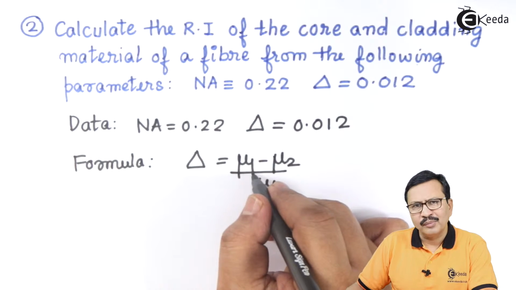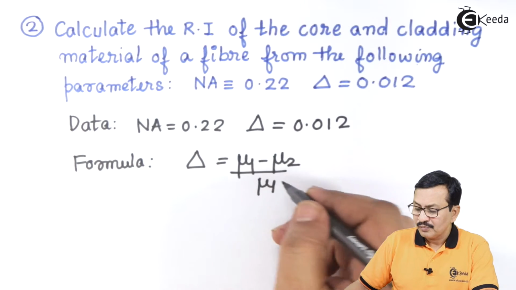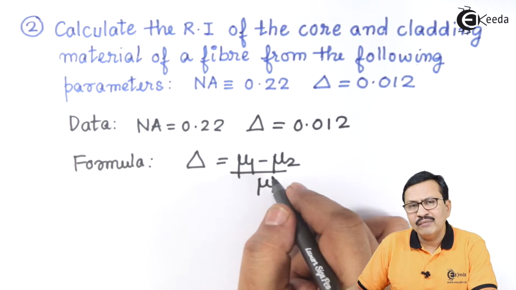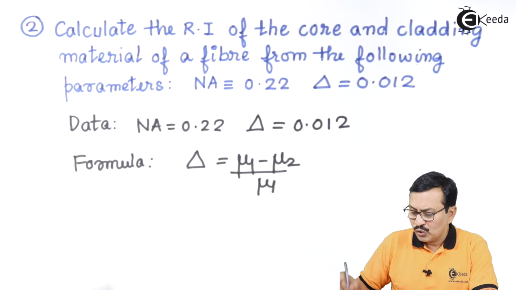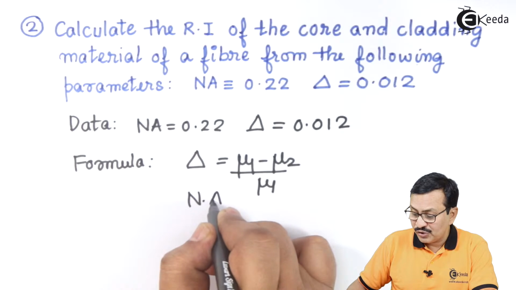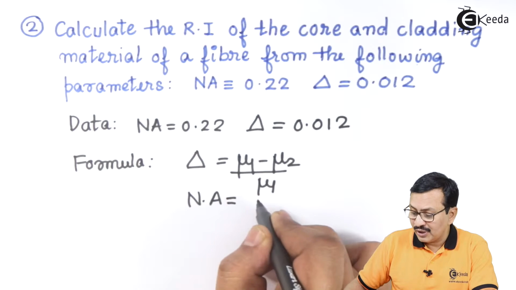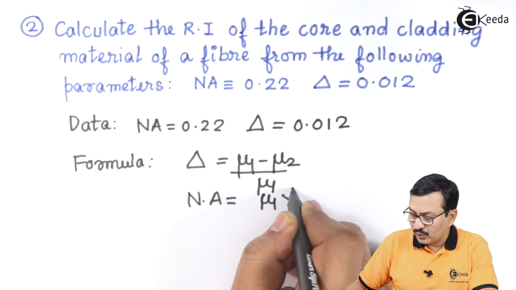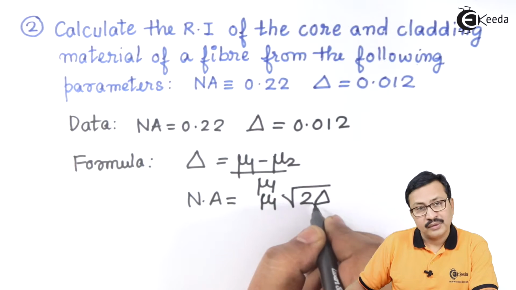And as you know, mu1 should be greater than mu2. Using these parameters, you have to find out the individual refractive indices. So along with this formula, we are going to have one more formula which we are supposed to know, which is NA equal to mu1 into square root of 2 into delta.